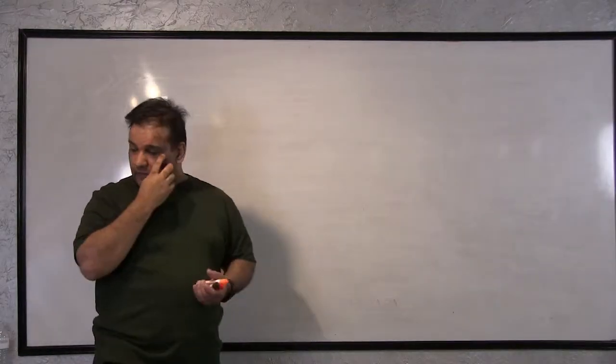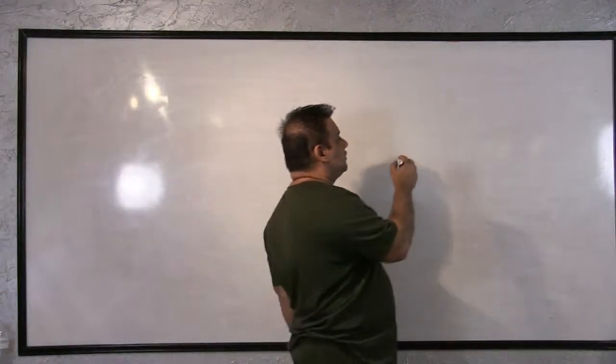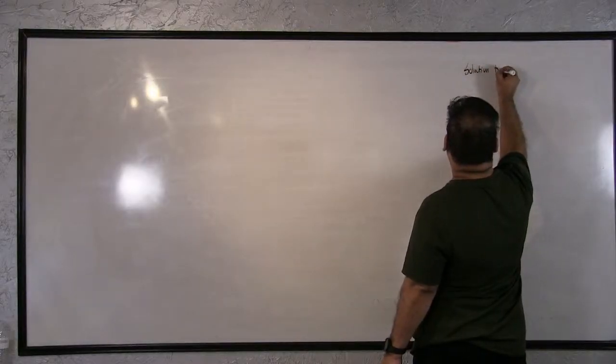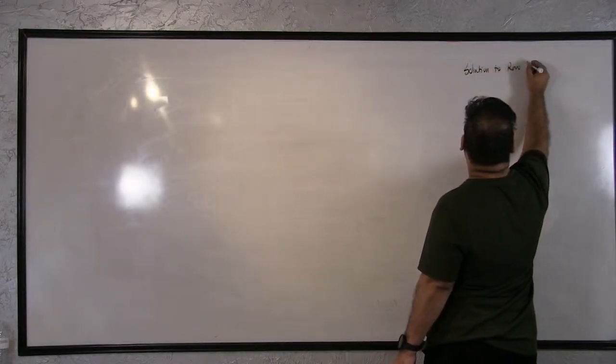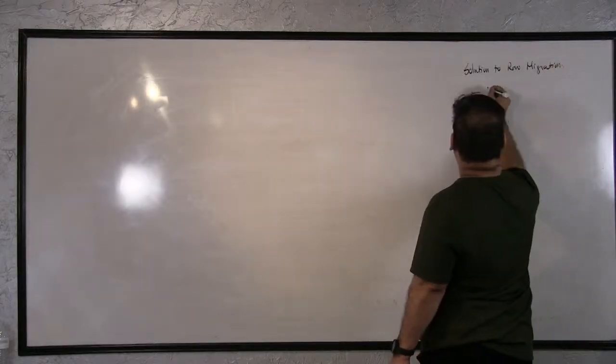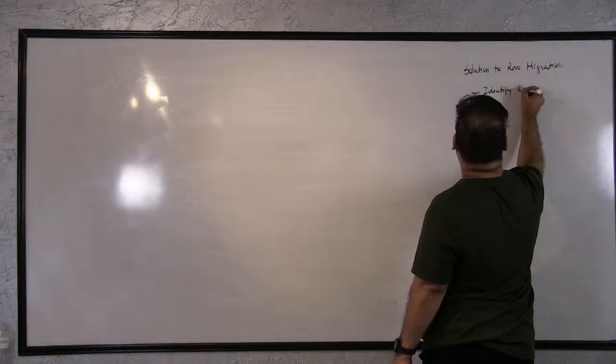Now, remember our problem, the problem that we have is related to what? So we already have the solution to row migration. First thing is to identify the row migration tables.